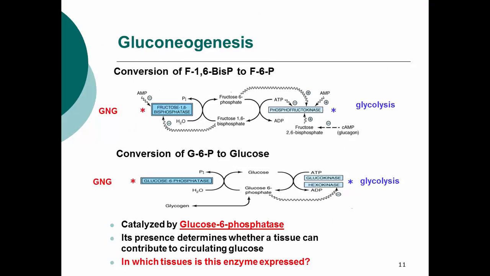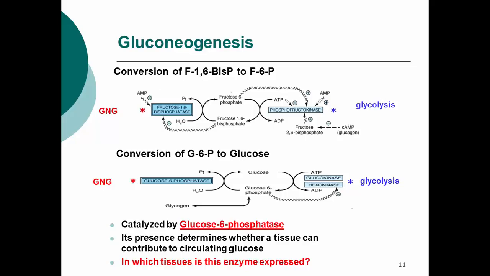And these are the two key reactions in the cytosol. You guys want to remember which enzyme or reaction in glycolysis corresponds to which enzyme in gluconeogenesis. And the last reaction is the conversion of glucose 6-phosphate to free glucose, and this is a key enzyme, glucose 6-phosphatase, right?